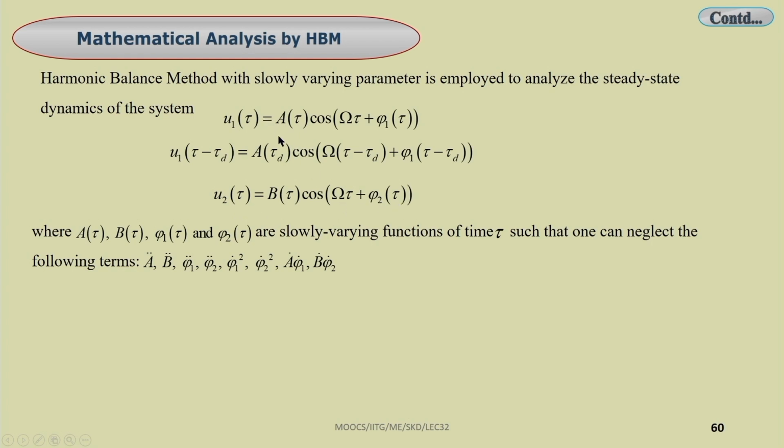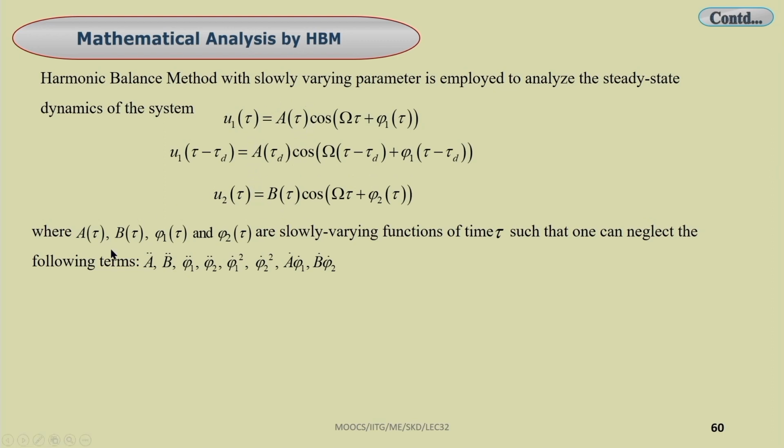Here, the a and b we have considered are not constant, but slowly varying functions of time. In the previous harmonic balance method we took these as constant, but here we take these terms as slowly varying functions of time.